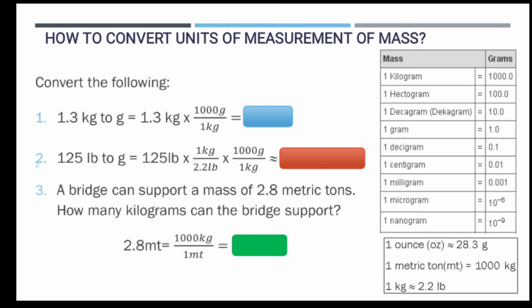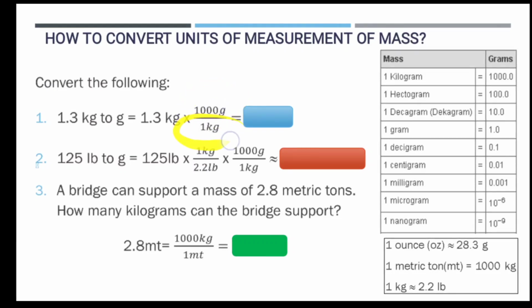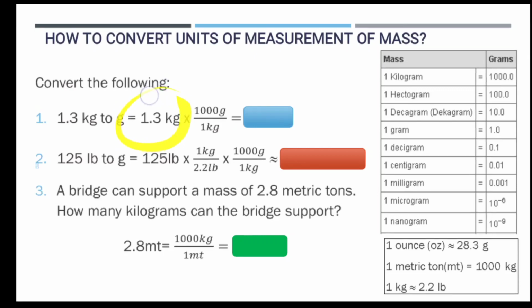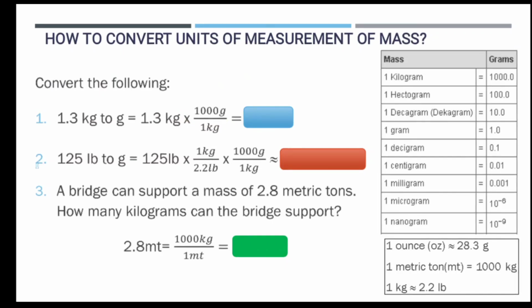Therefore, we have to add 3 zeros on the given kilogram. So 1, we add 3 zeros, that is 1,000. So 1 kilogram is equal to 1,000 gram, and we put kilogram on the denominator because our given is kilogram. Then on the numerator would be the equivalent value of that measurement in gram, which is 1,000 grams.